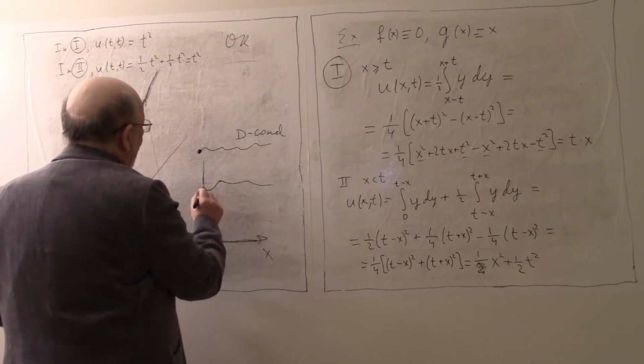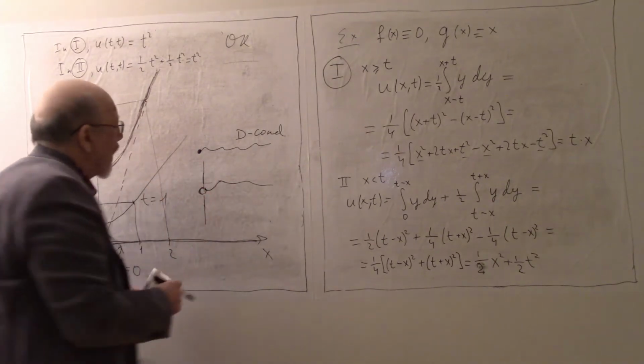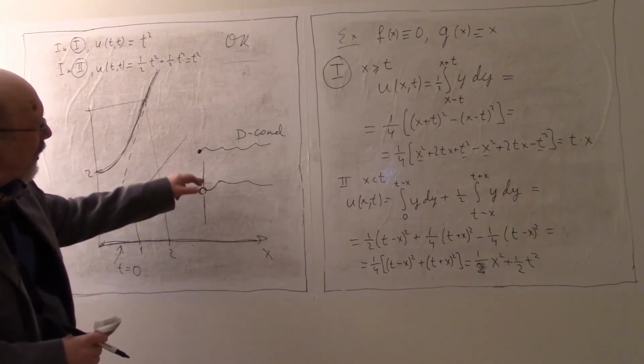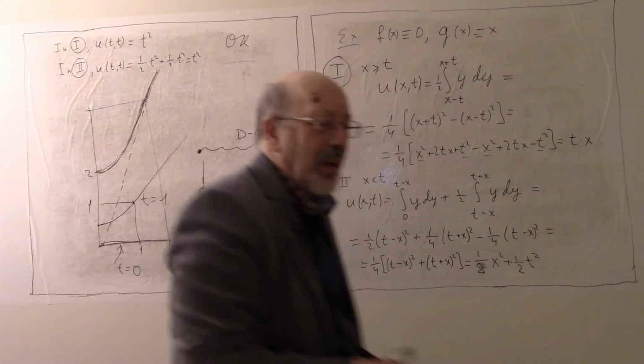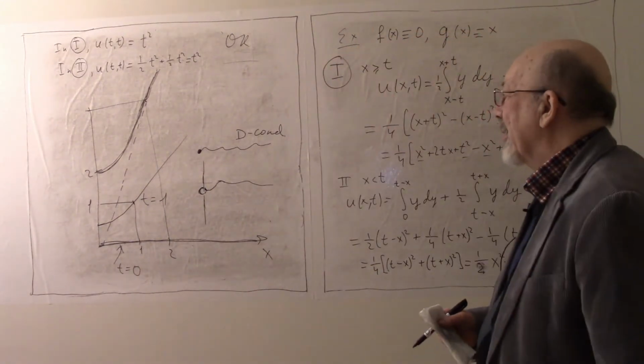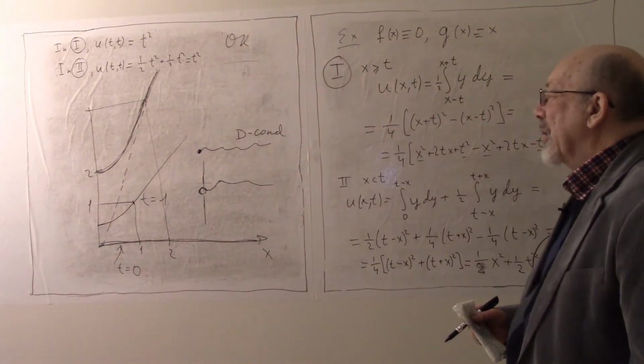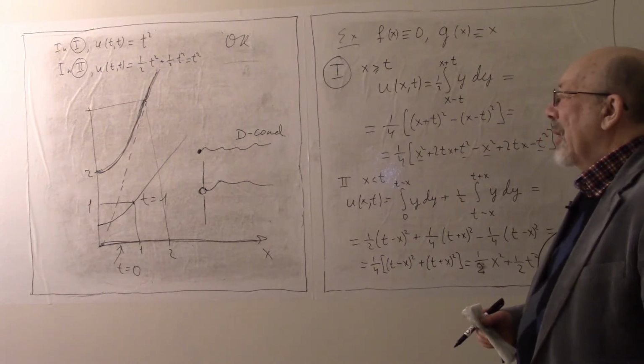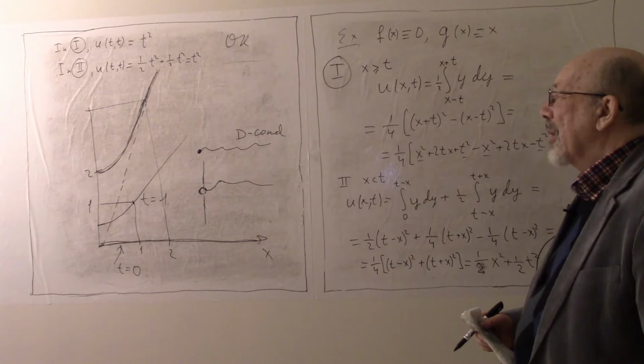If it is weightless, so it has no inertia, then it more or less automatically ensures the Neumann condition. So du dx is 0. That's it.